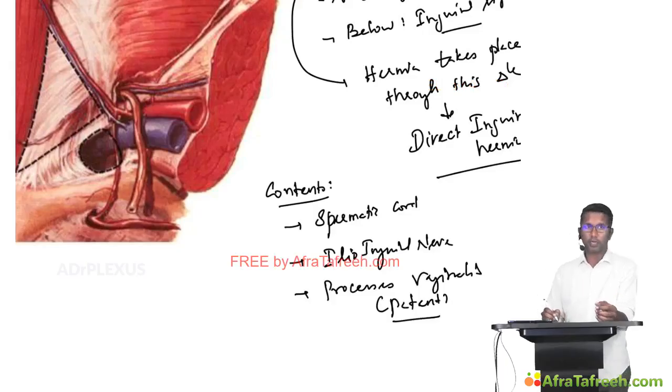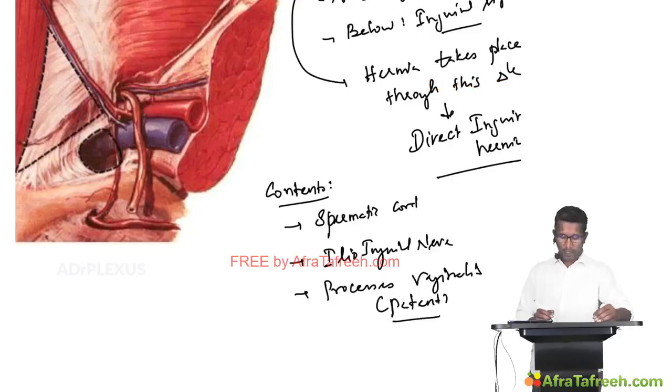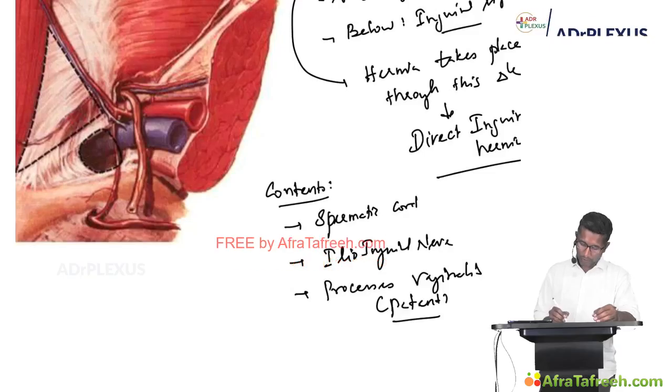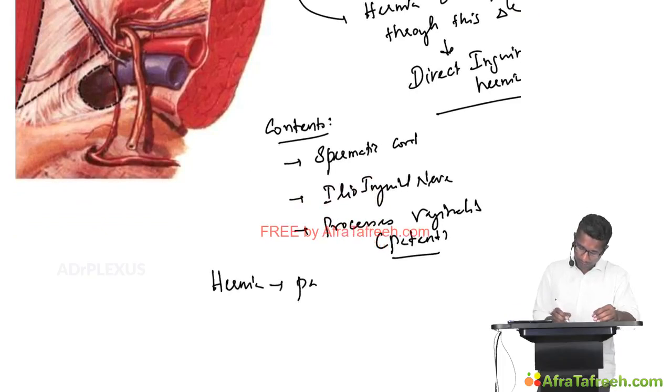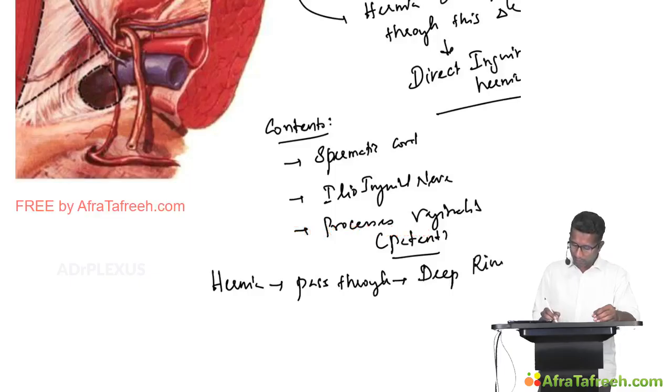When there is a patent processus vaginalis, a hernia can happen through it. That hernia will pass through the deep ring. So when the hernia passes through the deep inguinal ring, then that hernia is called an indirect inguinal hernia.